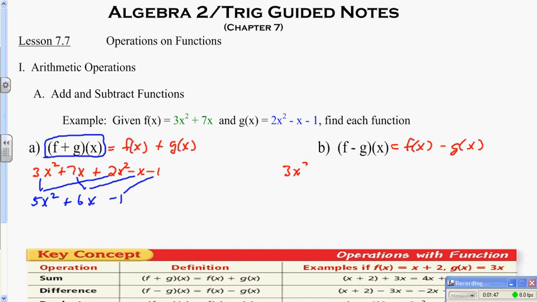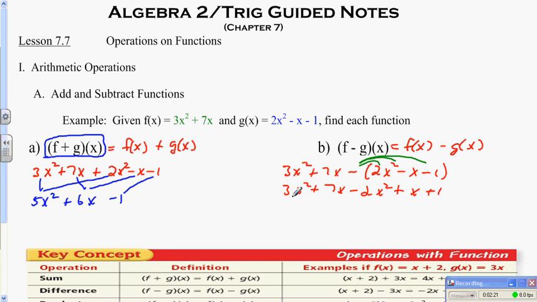3x squared plus 7x minus the function, okay, so I have to have parentheses, 2x squared minus x minus 1. Now it's important because they're subtracting the function, so we have to distribute the negative. It wants the opposite of the function. That would give us 3x squared plus 7x minus 2x squared plus x plus 1.